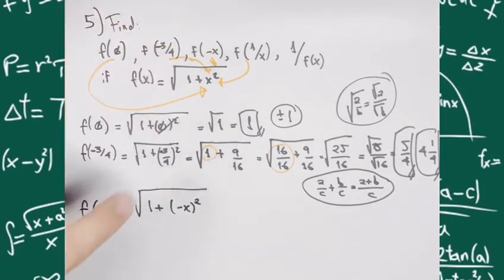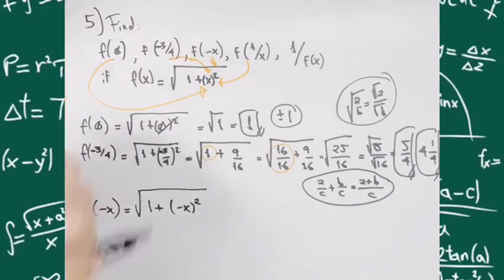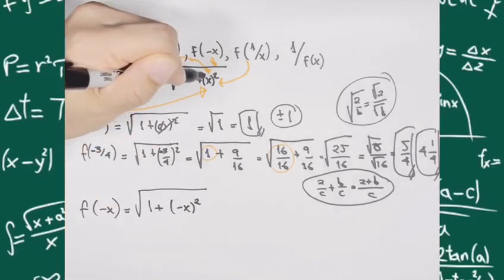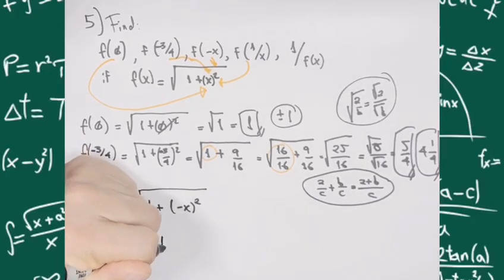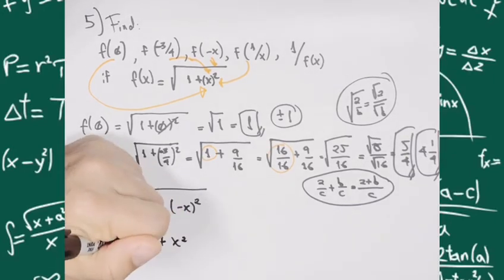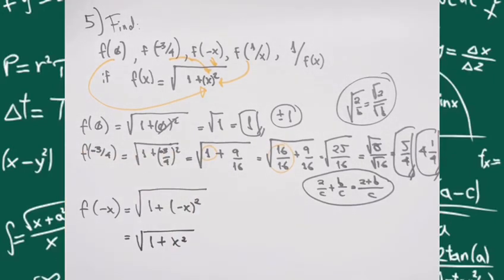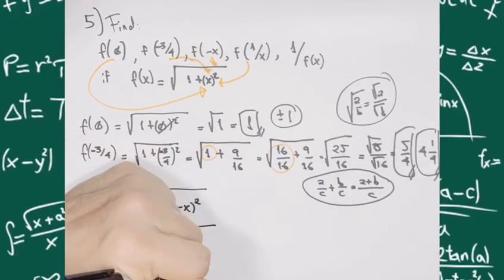Again, the minus is right here. We could just leave it or get rid of it, whatever, just replacing the minus x inside the expression. It's the same absolute thing as we did before. Solving that, we're going to have the square root of 1 plus, minus times minus is plus, so a positive sign, and x squared is x times x. And there we go, here's the solution for this exercise.